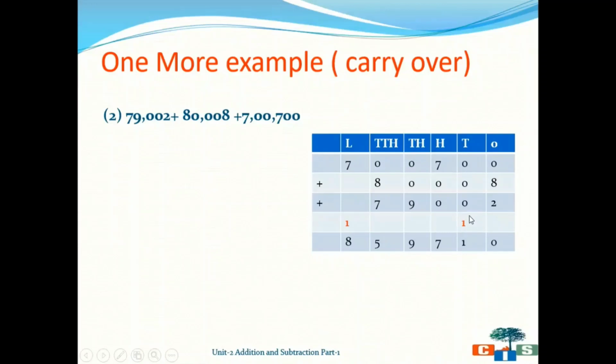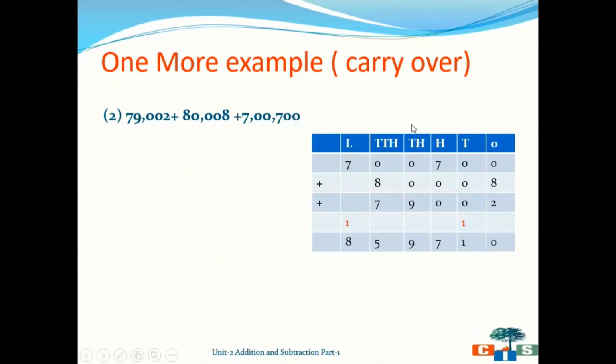Now we'll go to the tens place and add the digits present there. So 0 plus 0 plus 0 plus 1 is equal to 1. Now we will add the digits in the hundreds place, that is 7 plus 0 plus 0, which is equal to 7. Then we add the digits at the thousands place, that is 0 plus 0 plus 9 is equal to 9.